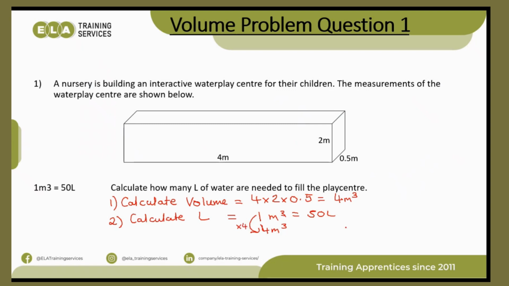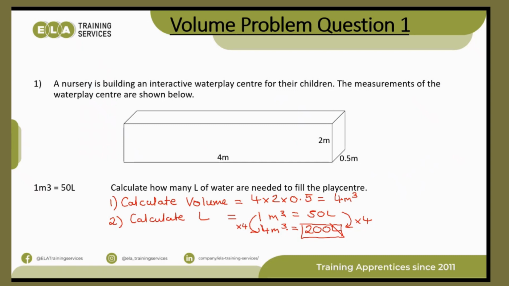So we've got to do the same to the other side. So 4 lots of 50 would be 200 litres. And that is our answer. So we know that 1 is 50, so we multiplied it by 4 to get what 4 meters cubed are, and our answer is 200 litres.